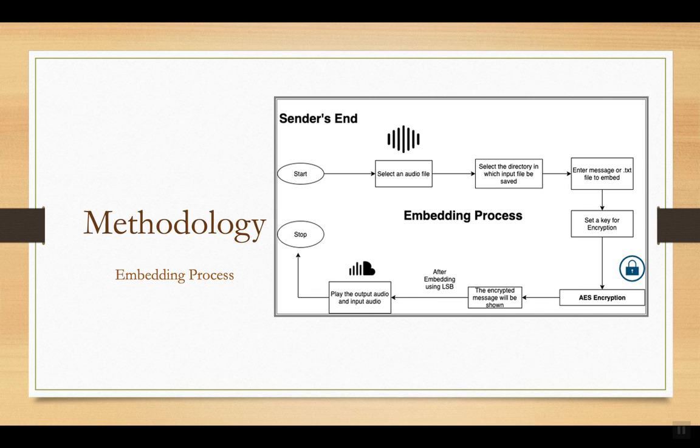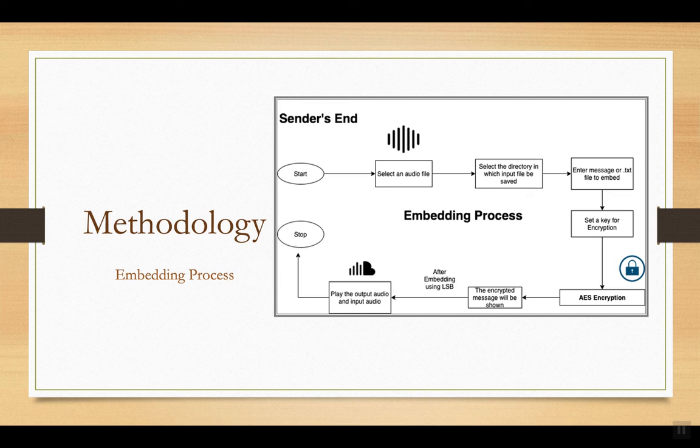So in methodology, the basic functionality of the program is divided into two parts: embedding process and extraction process. In embedding process, the user selects the embed option, then selects the audio file in which the message is about to be embedded. Then the user selects the directory in which the encrypted file will be saved.